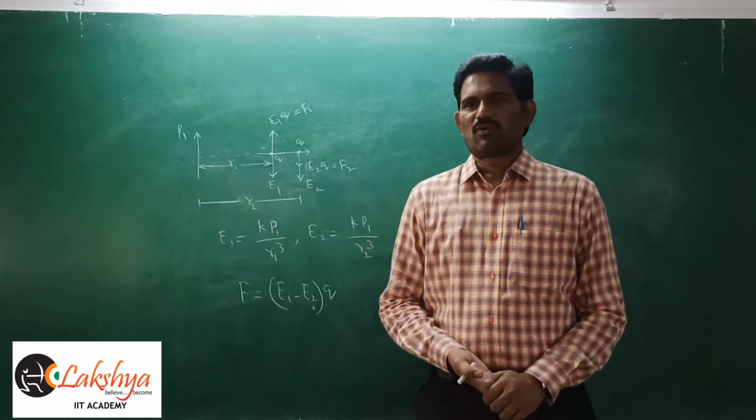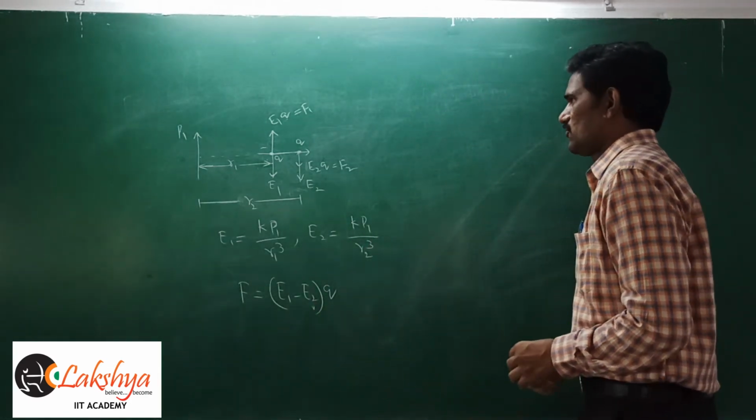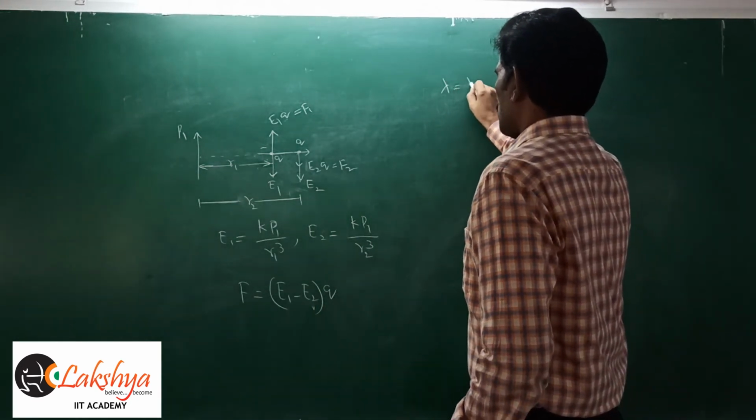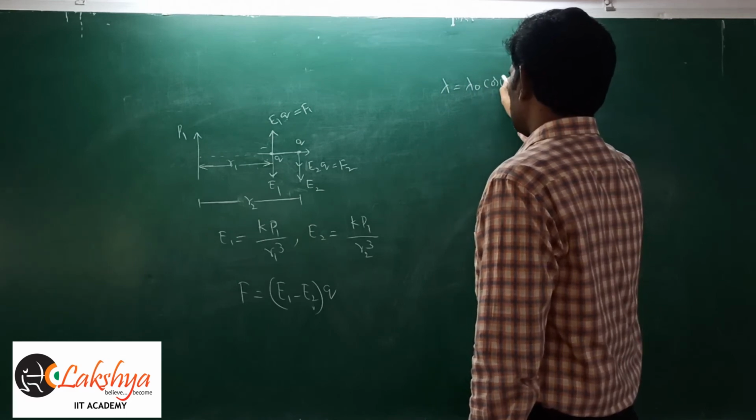And I will give one more problem based on the dipole and dipole moment calculation, field calculation. Solve it. It's not the force or interaction problem. So linear charge density on a circular non-conducting ring is varying like this.